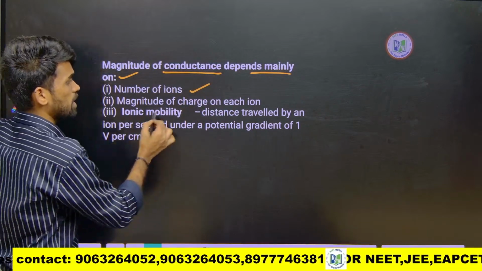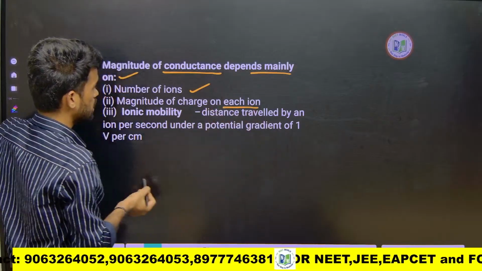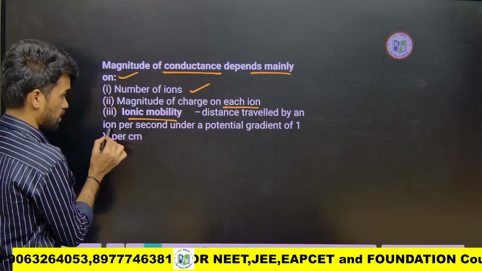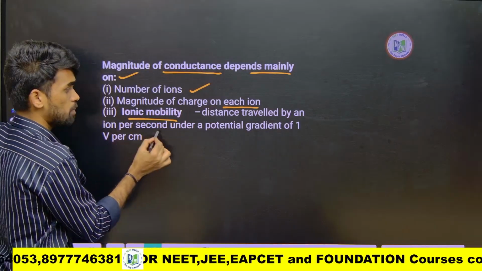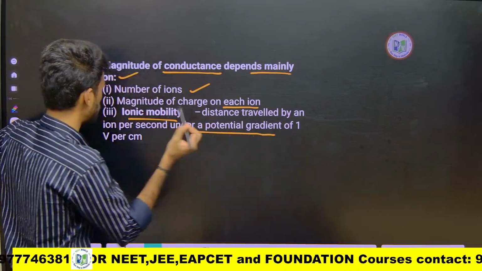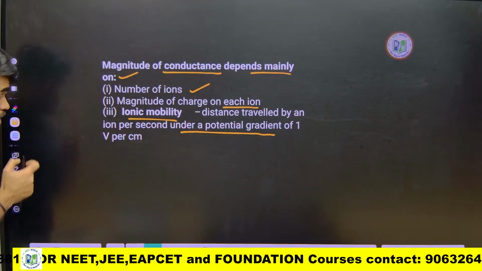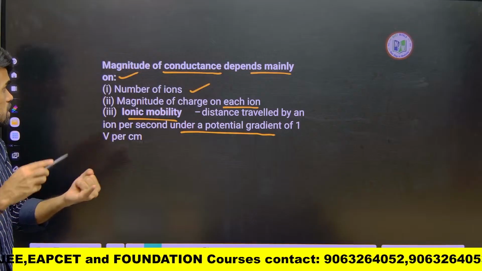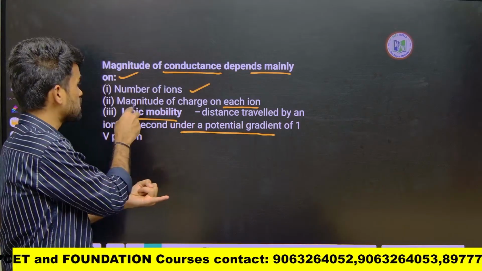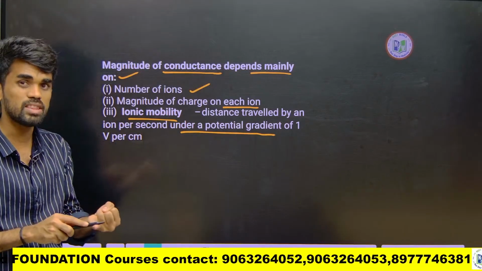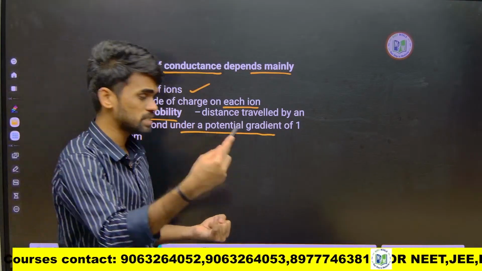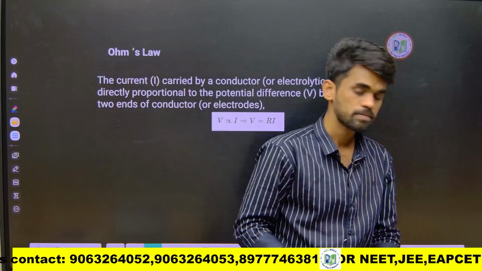Then the magnitude of charge on each ion, and the next, ionic mobility, which is the distance travelled by an ion per second under a potential gradient of 1 volt per centimeter. So these are the 3 factors: the number of ions, the magnitude of charge on that ion, and ionic mobility. The more the mobility, the more its conductance.